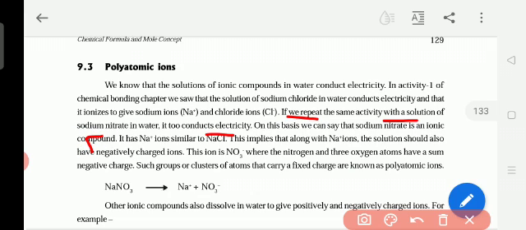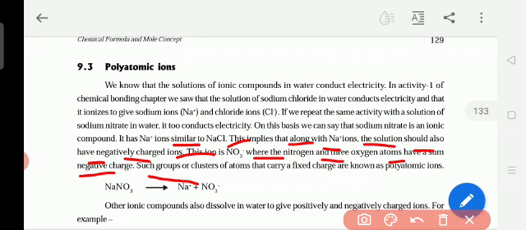Sodium nitrate in water too conducts electricity because it also has charges. On this basis we can say that sodium nitrate is an ionic compound. It has sodium ions similar to sodium chloride. This implies that along with the sodium ions, the solution should also have negatively charged ions. This is NO3 minus, where the nitrogen and 3 oxygen atoms have a sum of negative charge.